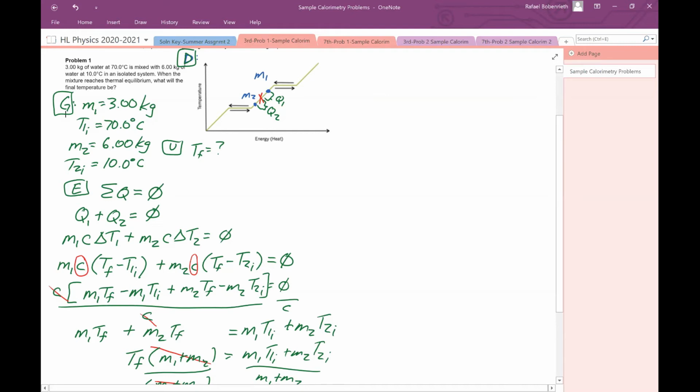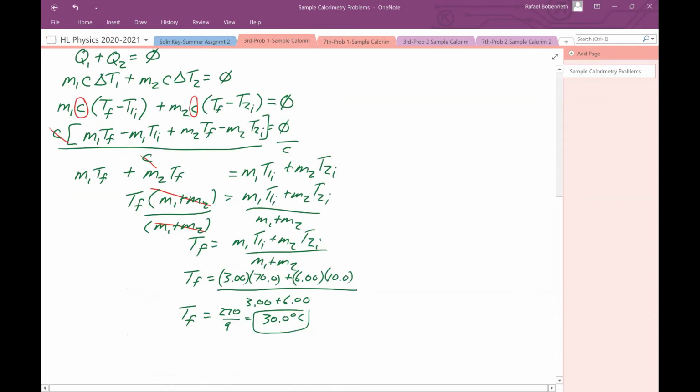Mass 2's initial temperature was 10 degrees. Mass 1's initial temperature was 70, so the difference there is 60 degrees. So 2/3 of 60 is what? 40 degrees. So mass 1 should have lost about 40 degrees of temperature because of the whole weighted average thing, right? So 70 minus 40 gives you 30, which is your answer. Proportional reasoning is always a good idea to think about, always a good idea to double check your answer.